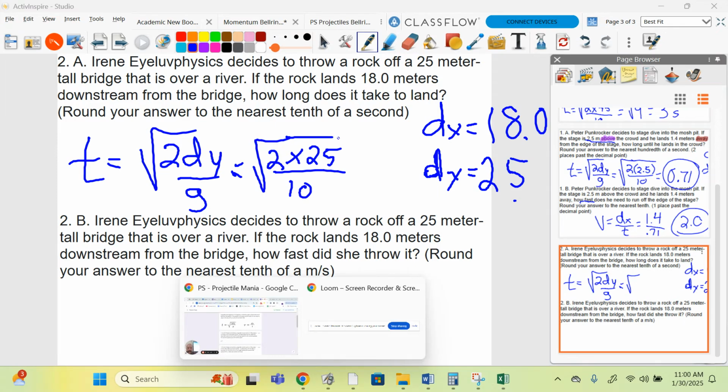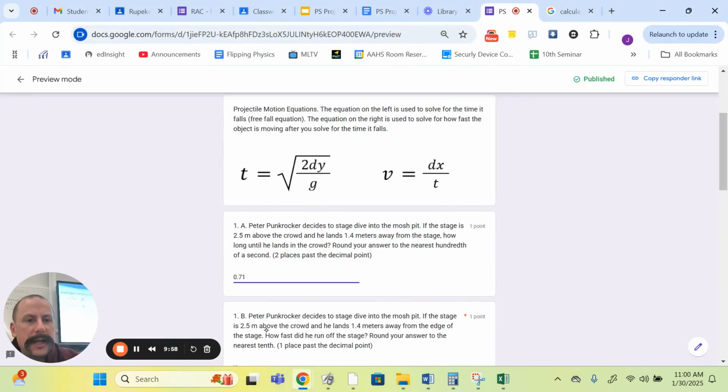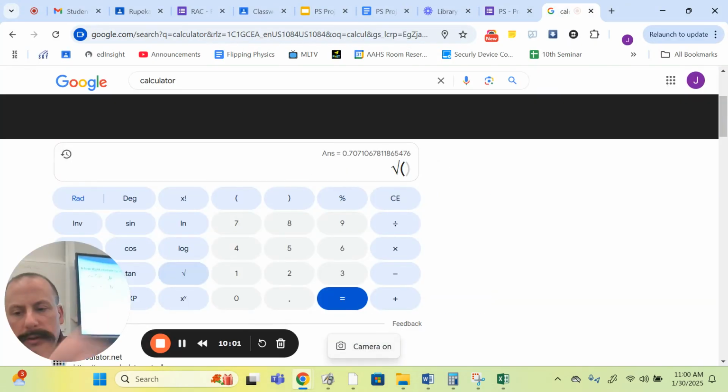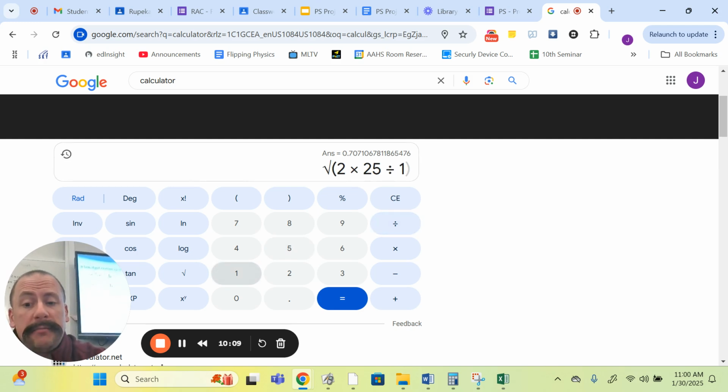All right, pulling up my trusty calculator again. Square root 2 times my height, 25, divided by the acceleration of gravity, 10 meters per second squared, equals 2.2360, all those extra numbers.